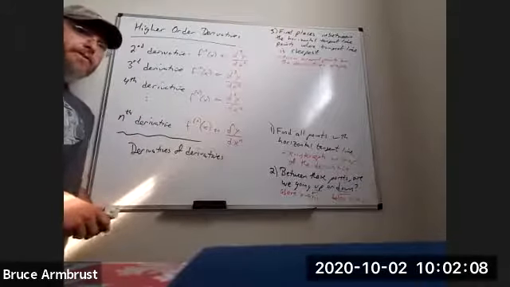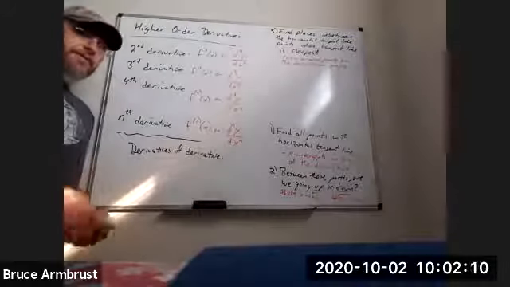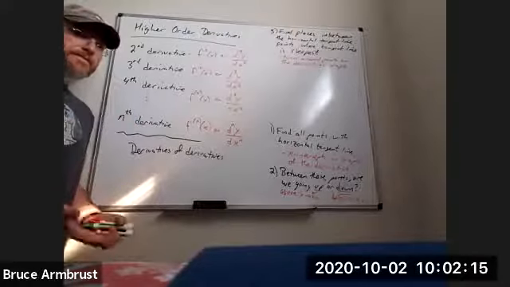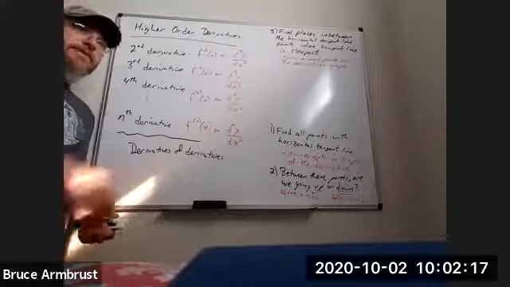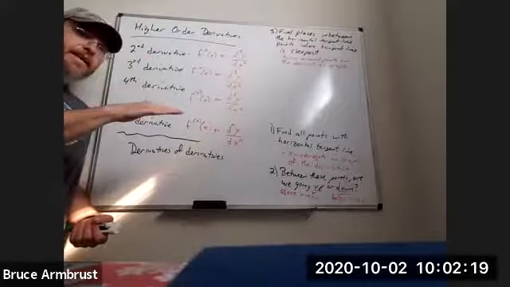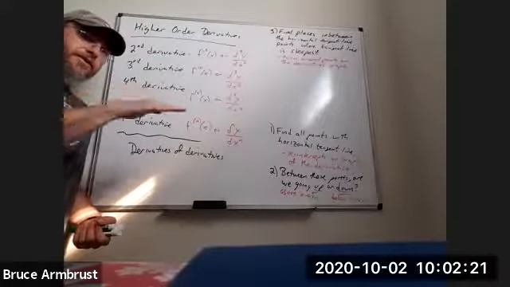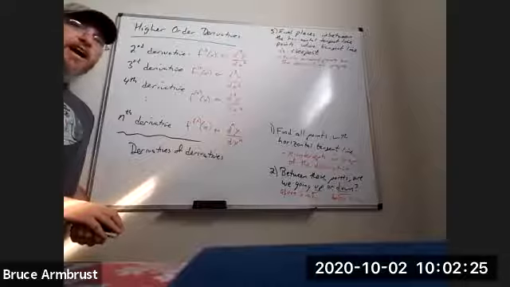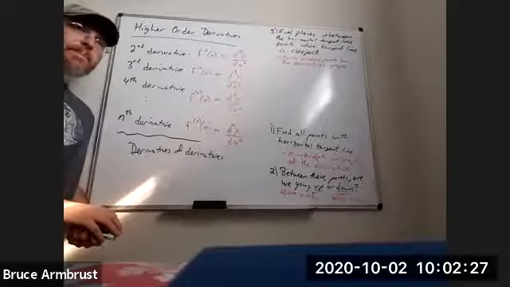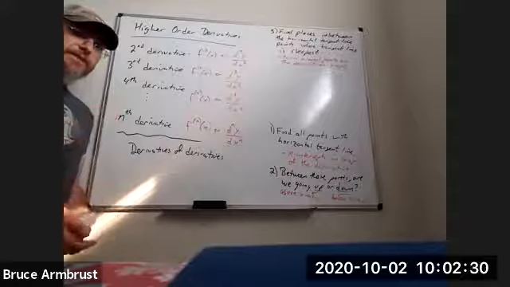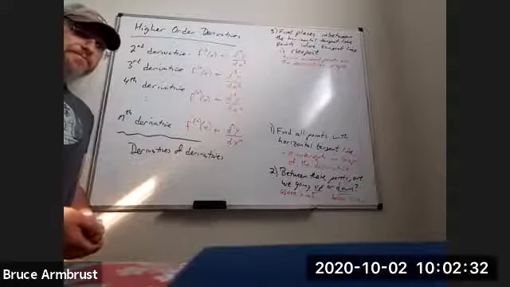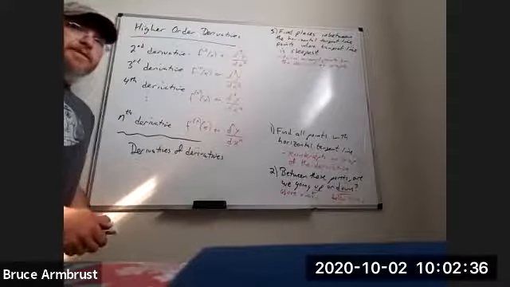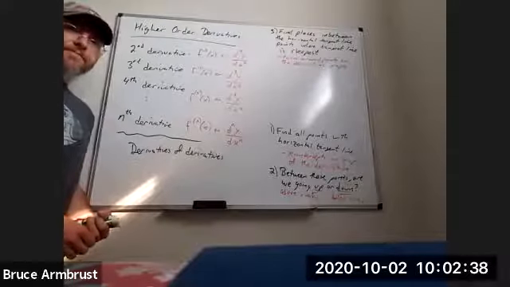So an antiderivative is just doing a derivative backwards. Instead of starting with the function and getting its derivative, an antiderivative is start with the derivative and go back to the function. So it's just the opposite order. We'll get there. We got to make sure we have derivatives down and we understand them well before we can try to do antiderivatives. But that's what that means if you've ever seen that word.